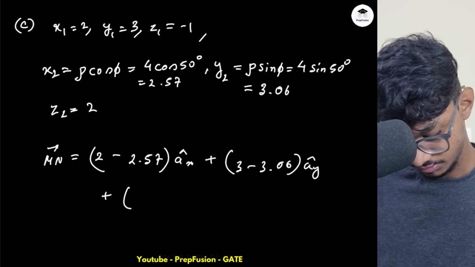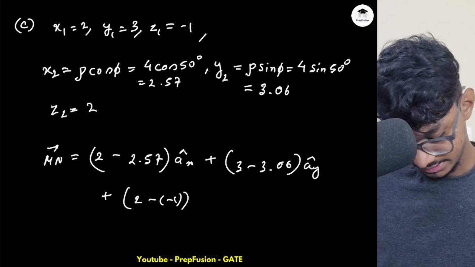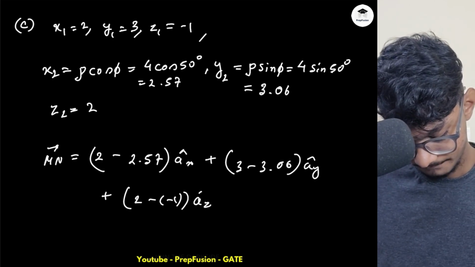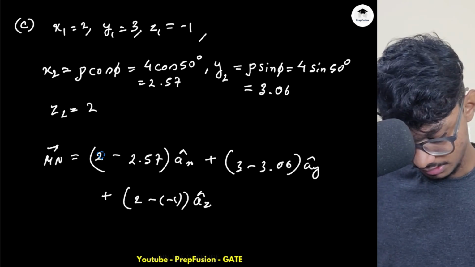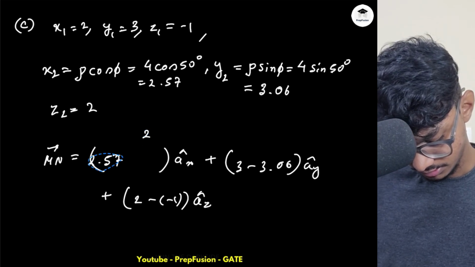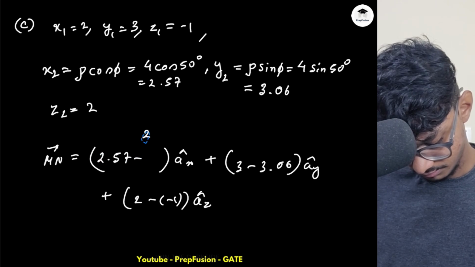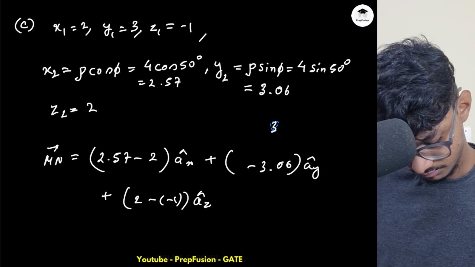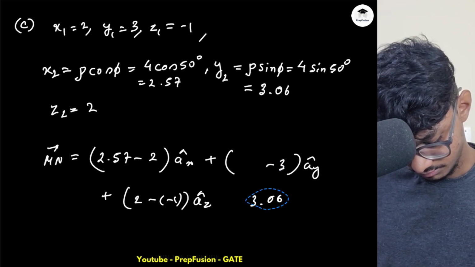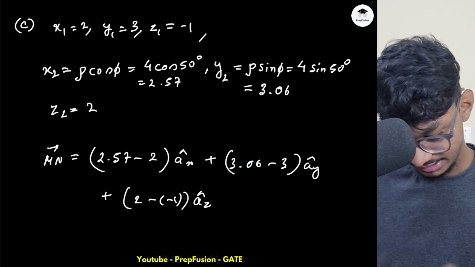This should be 2 minus minus 1, so 3 a_z cap. So the MN vector is 0.57 a_x plus almost 0 a_y plus 3 a_z. Okay, so this is the case.